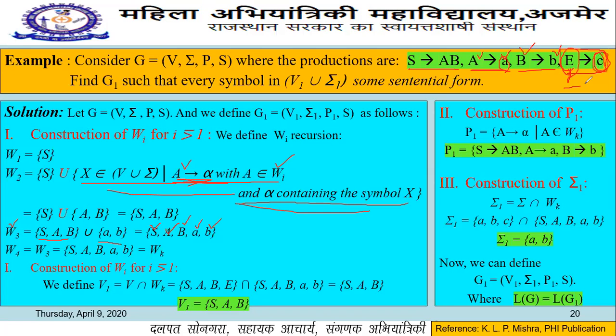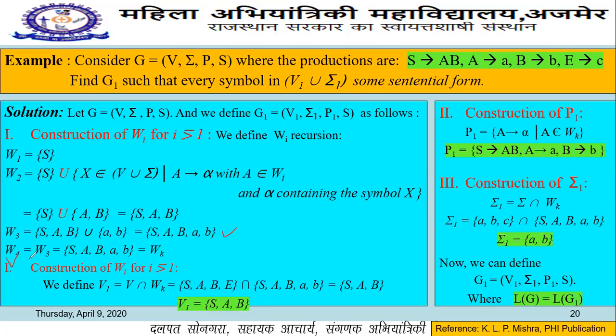Because this does not belong to W2, we do not include this small c into our set. Hope you understand. Okay, if it is clear, then we can say this is the set W3. Then we go for set W4.